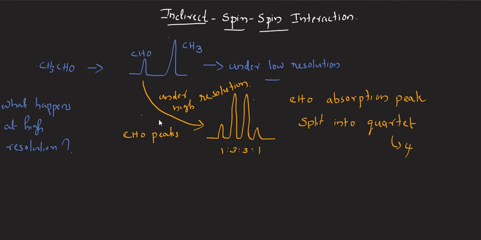Similarly, if we increase the resolution, you can see that your CH3 peak is a collection of two peaks. Initially it is one peak under low resolution.